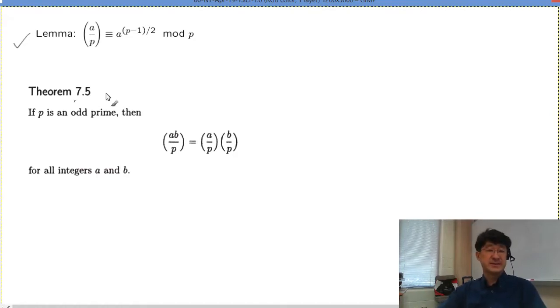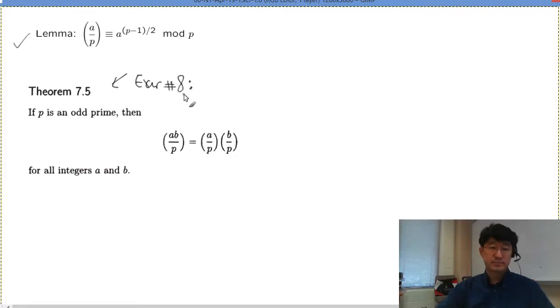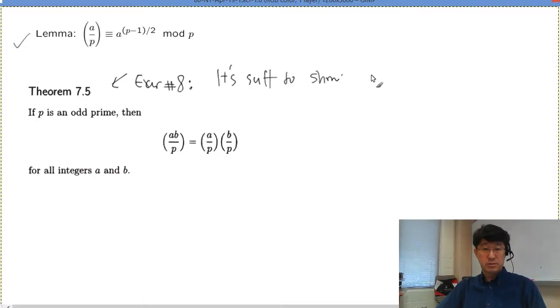But it's still an exercise. What's the number? 8. Prime number. It's sufficient to show these two things are not equal. What am I going to do? Do you know what to put in between these two things?